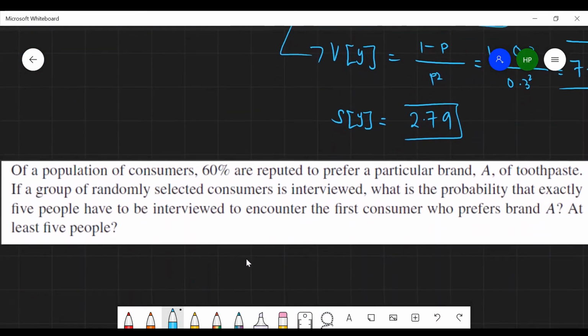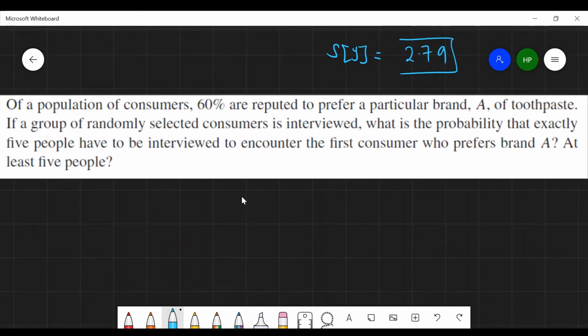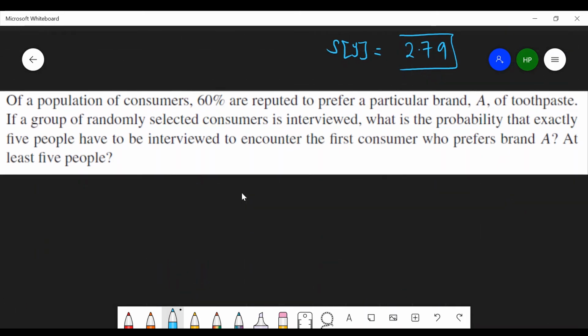Of a population of consumers, 60% are reputed to prefer a particular brand A of toothpaste. If a group of randomly selected consumers is interviewed, what is the probability that exactly 5 people have to be interviewed to encounter the first consumer who prefers brand A? And then at least 5. So, yung isa, probability of, ano to?